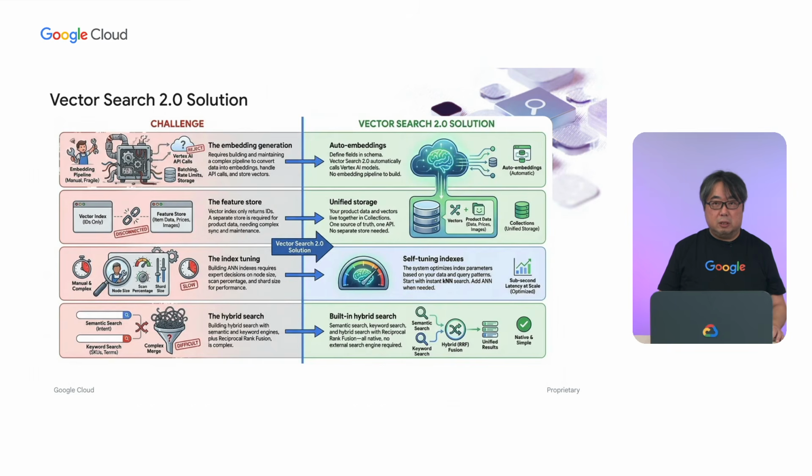Lastly, hybrid search. Semantic search provides very powerful functionality to understand the meaning of the content, but it cannot find any data that doesn't have any meaning or semantics. For example, if your user makes a query with product names, product IDs, or SKU, because an SKU or product ID doesn't have any meaning itself, it cannot be handled by semantic search at all.